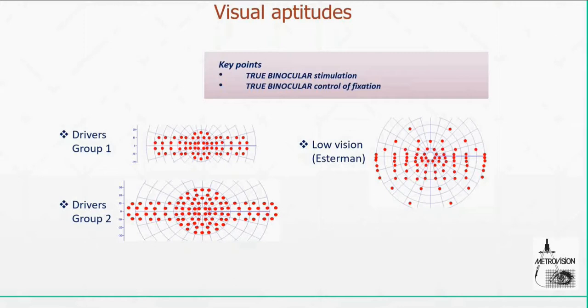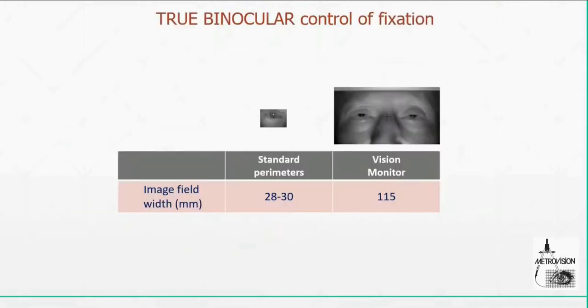First of all, sometimes they don't even have a headrest for binocular position, and also they don't have means to control fixation of both eyes at the same time. And that's something we do have on our system because the camera, which is embedded in the system, has a very large viewing field, allowing to see both eyes at the same time.